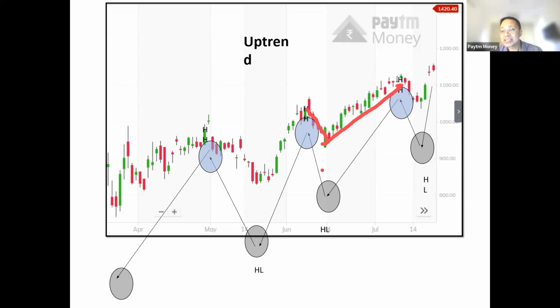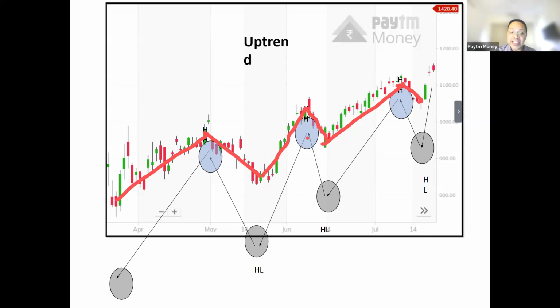Corrective move. This move is a corrective move, right? What move is this? Corrective move. Now again, this is a corrective move. This is an impulse move. This is an impulse move. So impulse moves are much bigger and aggressive. Corrective moves are small. Right?